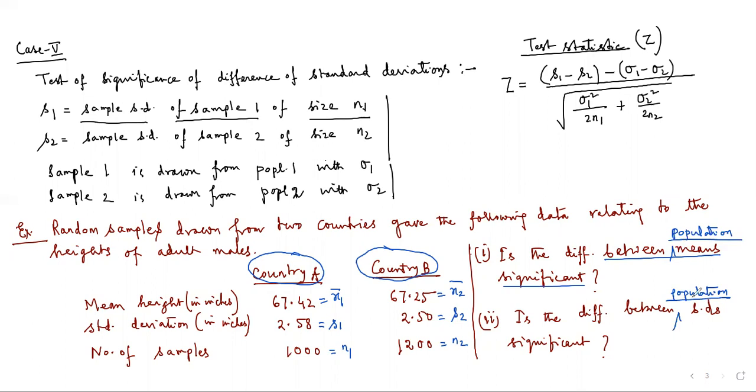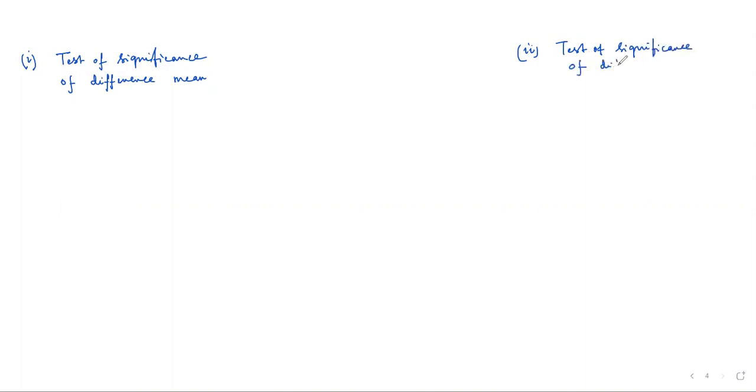So for problem number 1, you have to go for test of significance of difference of means, and in problem 2 you have to go for test of significance of difference of standard deviations. So there are two different tests that you have to apply over here.